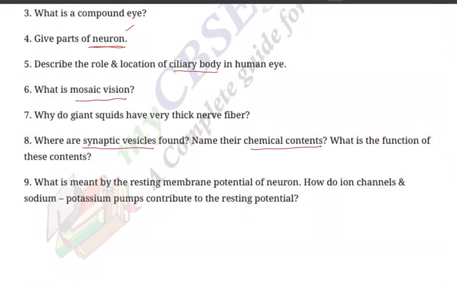Name their chemical contents. What is the function of these contents? Next, long answer type. What is meant by resting membrane potential of a neuron? How do ion channels and sodium potassium pumps contribute to resting potential?